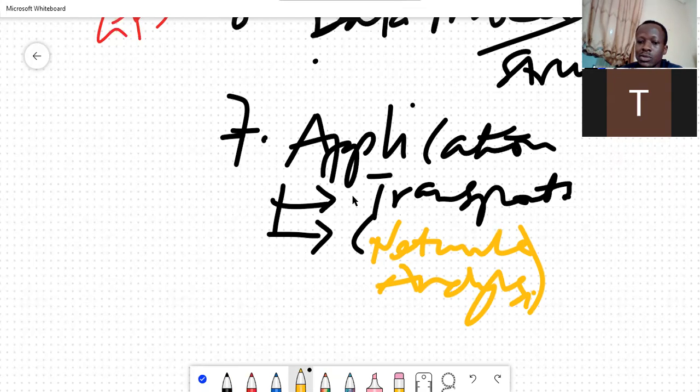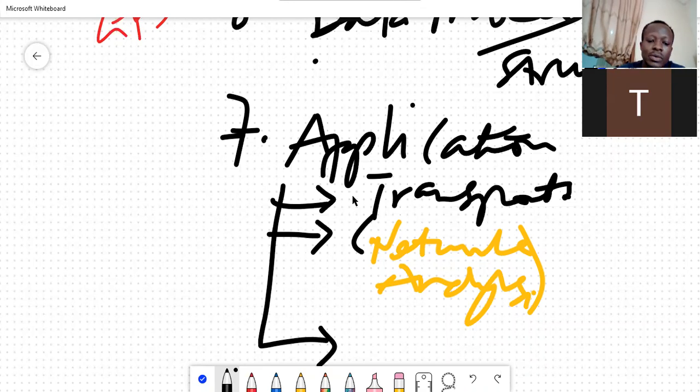So we have what we call GIS in transportation. We can apply GIS to other areas in our lives. All that comes under application. I've chosen to talk about network today, and then maybe I'll talk about 3D analysis.